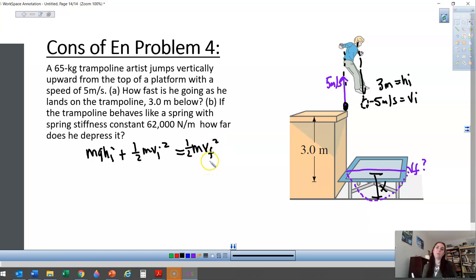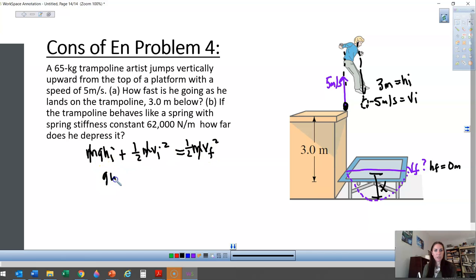Notice how I'm making the equation each time, right? I look at what's happening in the system, identify the initials and finals, what kind of energy is there, and work from there. And right at this location, the height is 0, and notice that there's no potential term here. Masses do cancel here.